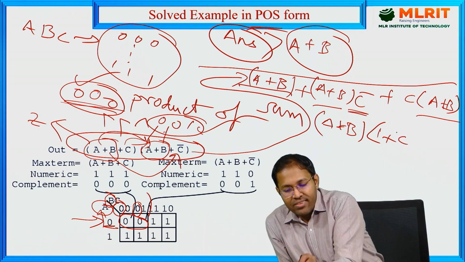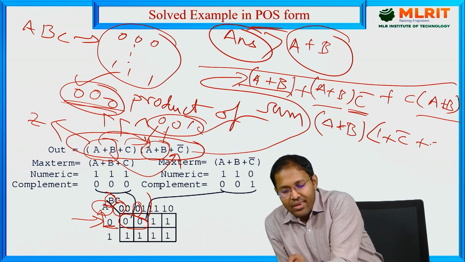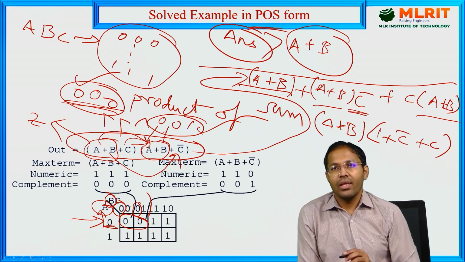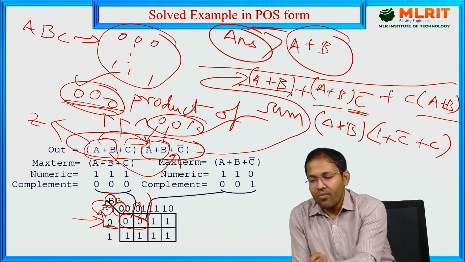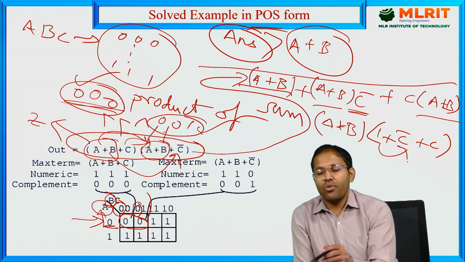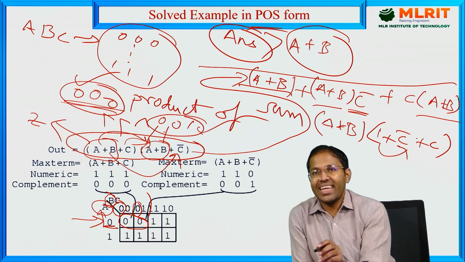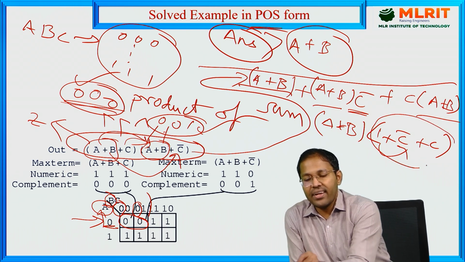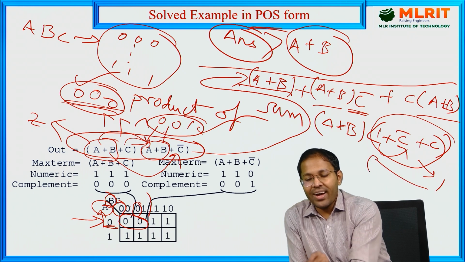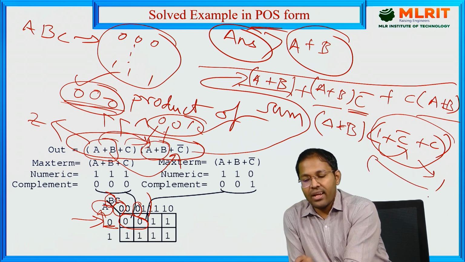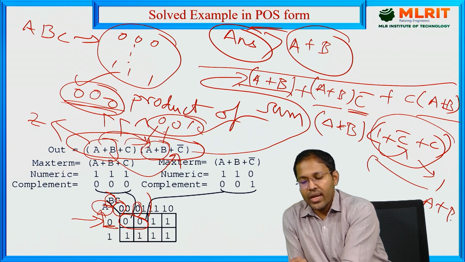Here we are left with C bar, and then here we are left with C. The property of OR gate, dominance property, 1 plus anything gives 1. In Boolean algebra, 1 plus anything gives 1. So this entire term simply reduces to value 1, and 1 multiplied by A plus B gives us A plus B. So the final answer we are going to get is A plus B.